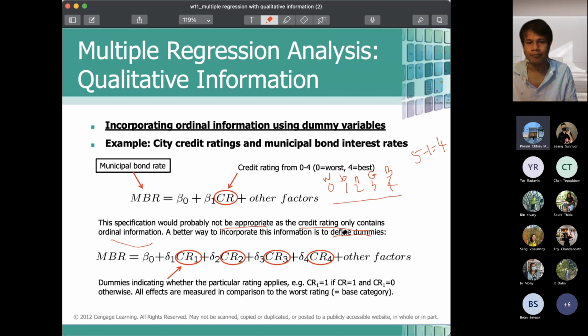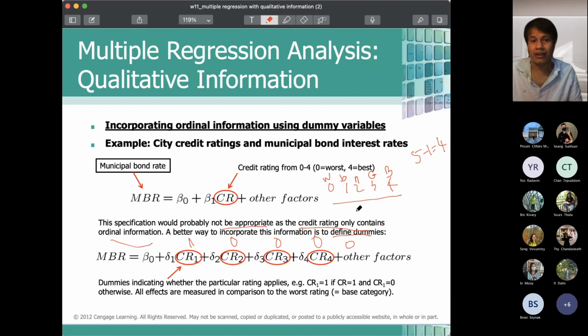But teacher, how about the value of each category? We have to define each, find all of them in order to compare? No, here it's still 1, 0. This is dummy. So for instance, for CR1, if I rate this city credit rating as worst, it means CR1 equals 1, CR2 equals 0, CR3 equals 0, CR4 equals 0. In fact, CR0 also equals 0.